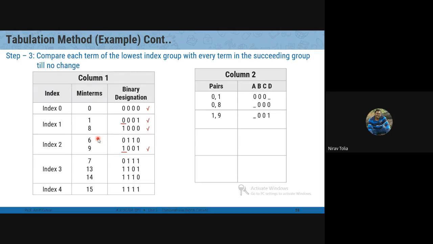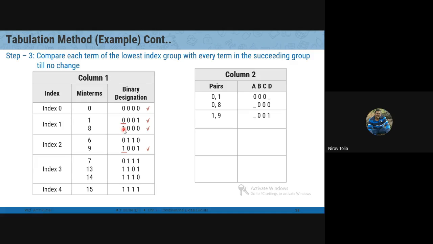The pair is only possible if there is a change in only one bit. Okay. Now again check with 8 and 9.